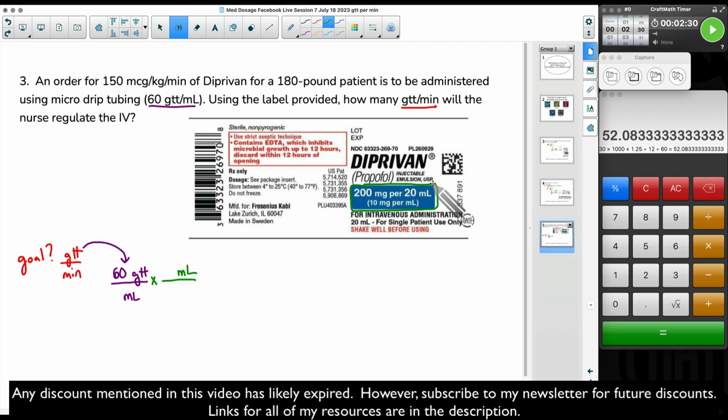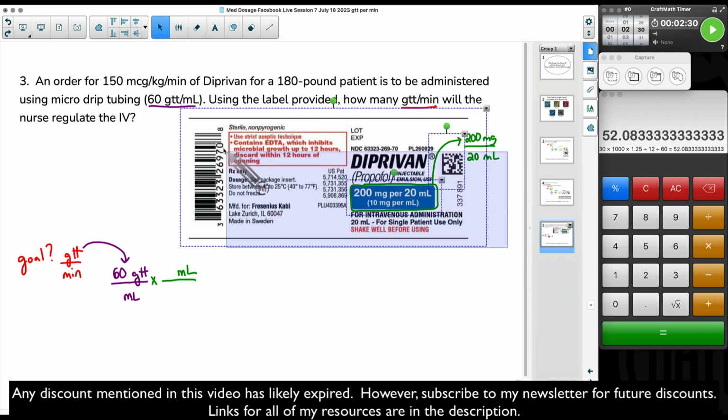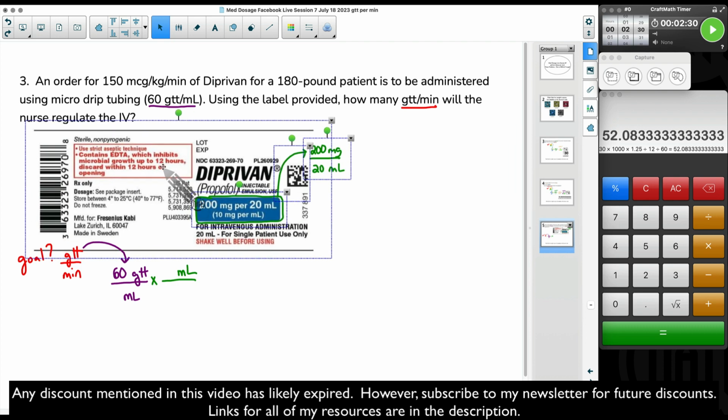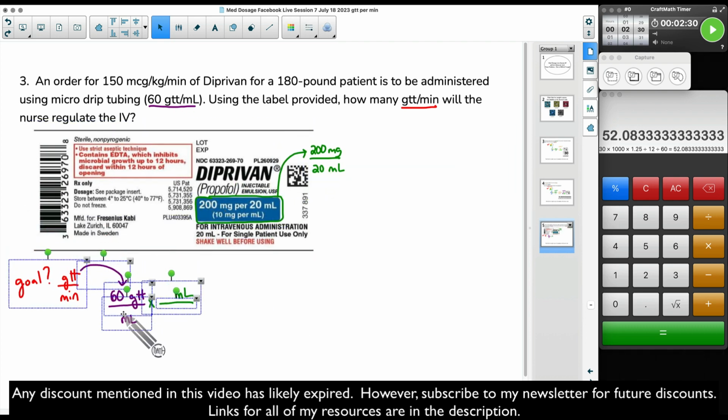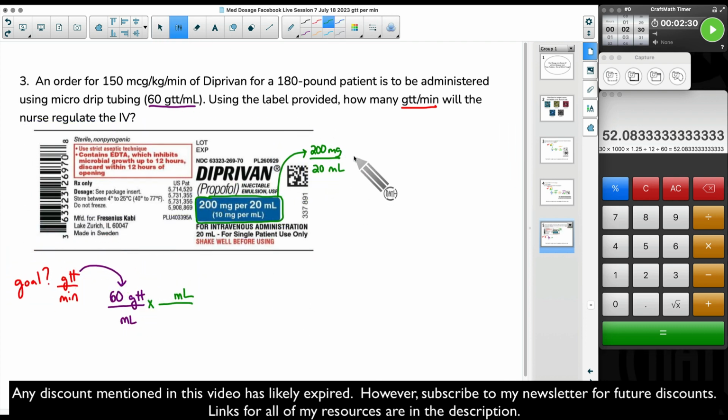And let me go ahead and point out, let me get sidetracked here, but this is beneficial. If I put 200 milligrams per 20 milliliters, 200 milligrams per 20 milliliters. And I'm going to slide this over just a hair. Let me make a little bit of room here. Well, look at this. If we take 200 milligrams, I'm doing this top one here.